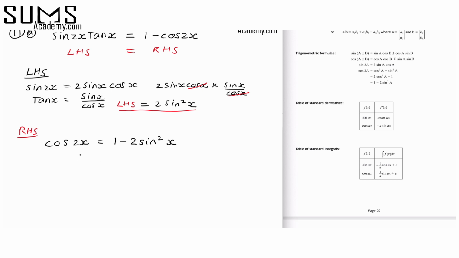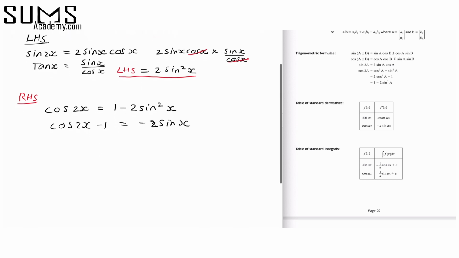If we move the 1 across, this becomes cos 2x minus 1 equals minus 2 sine squared x.